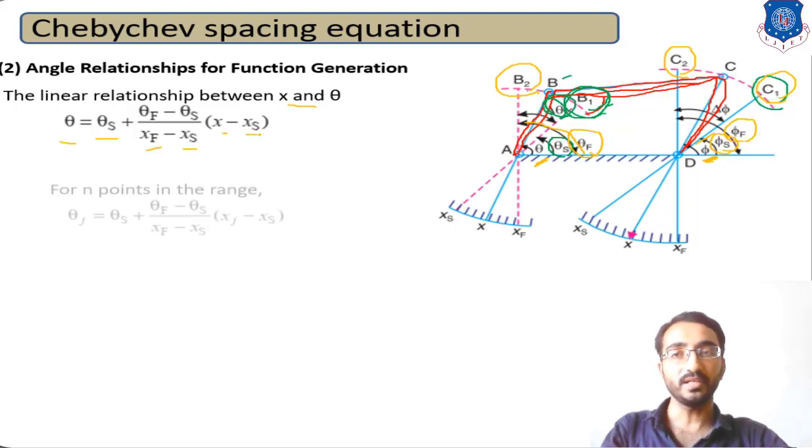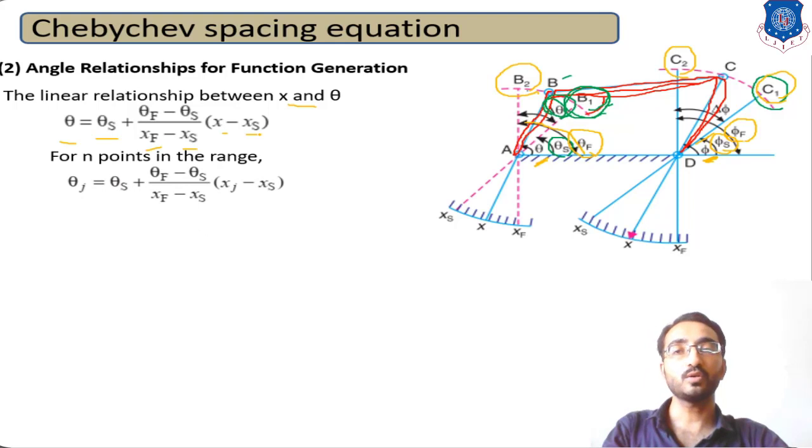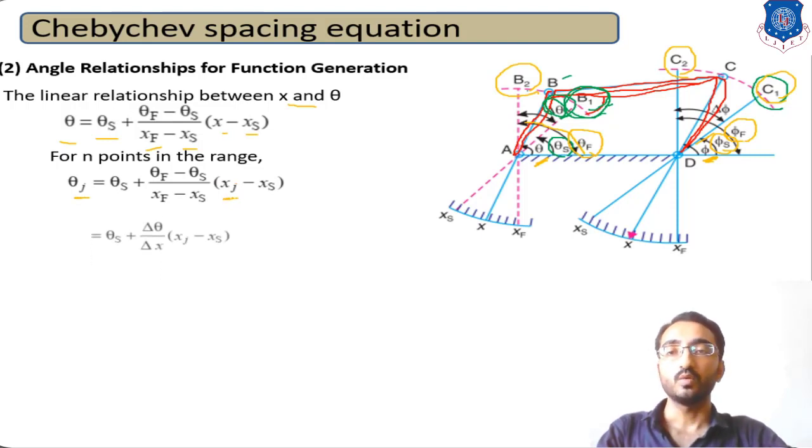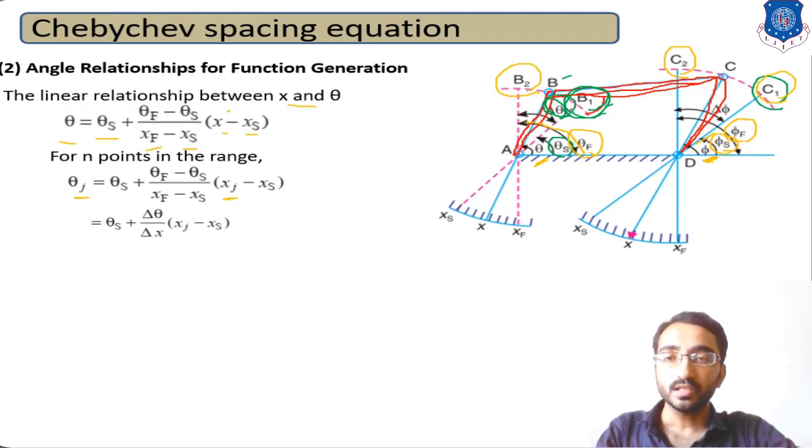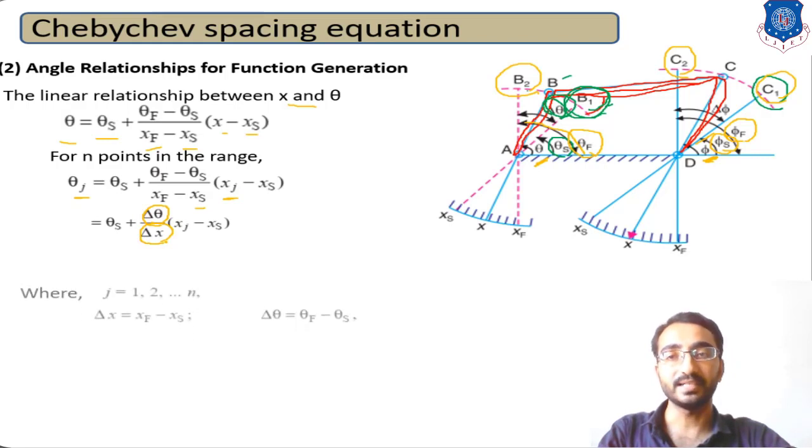If you want to calculate for n number of points, your equation becomes theta j is equal to theta starting plus, here you put the value j, and here your x will be replaced by xj. In this equation the change in angle is replaced with delta theta, and change in displacement is termed delta x. So this equation will help you get the various positions of theta.